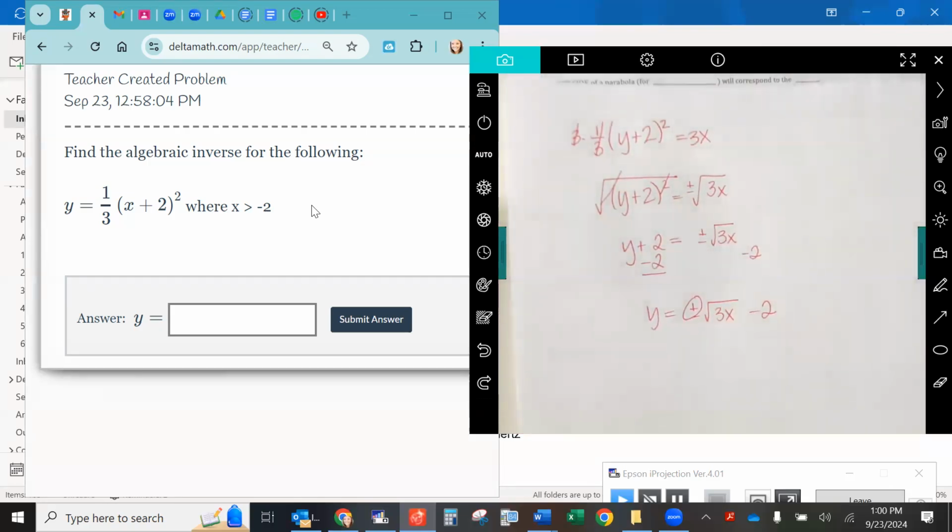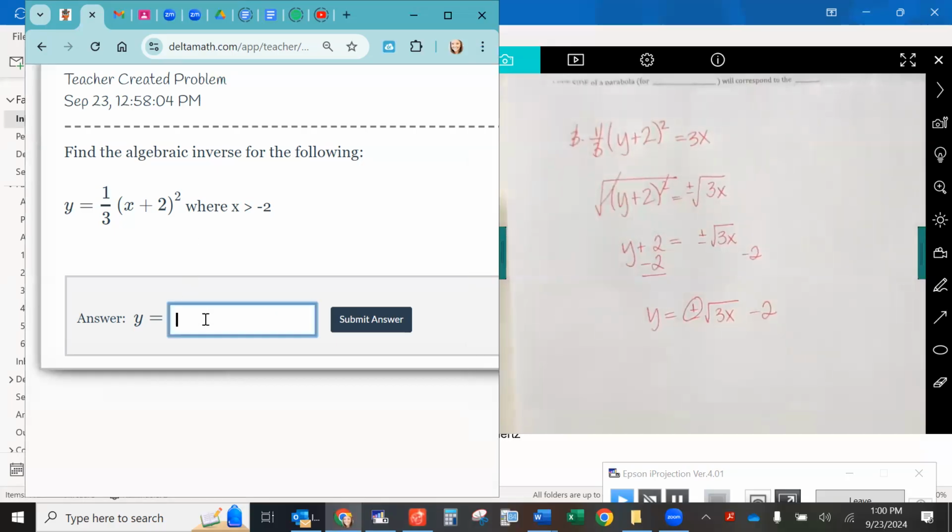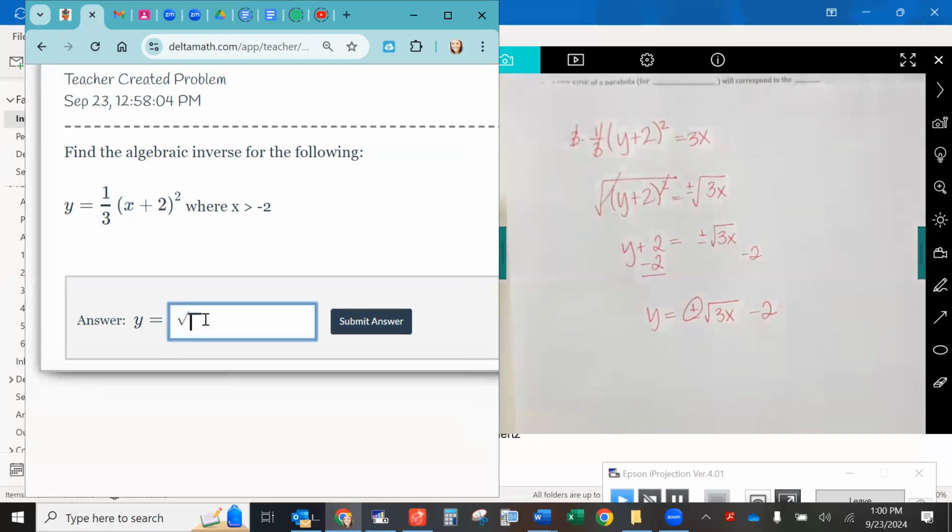No. But if it was a minus, you'd have to type a minus. So in your answer, you're gonna put square root. If you want a shortcut, do SQRT and it'll just pop up. SQRT. Then I want a 3x on the inside and I want a -2 on the outside. Okay, but if your x was a less than, you would put a negative on the outside.